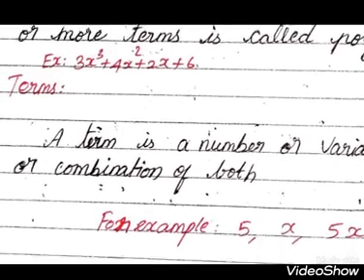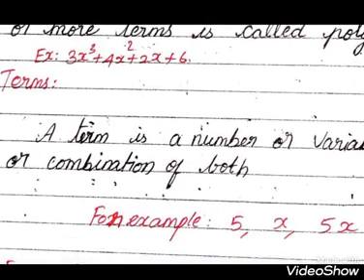For an example, 5. 5 is a number. It should be a constant or number. And x is a variable. So 5 is a separate term and x is a separate term. So just if you multiply 5 into x, it becomes 5x. So the product of a number and a variable, we say it as a single term.